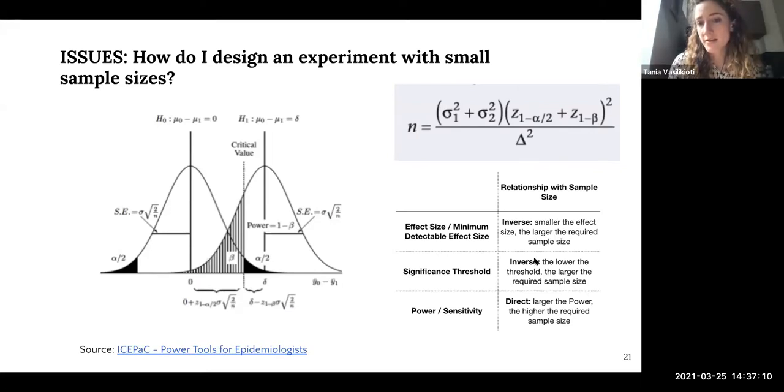On the other hand, we also have the significance threshold. Typically we say 95% significance, or an alpha of 5%. This is essentially what kind of risk we are willing to accept that we detect something to be statistically significantly different, but in reality it's not.